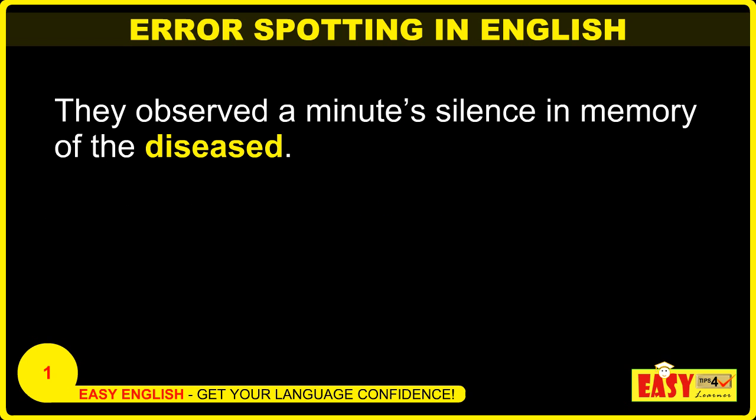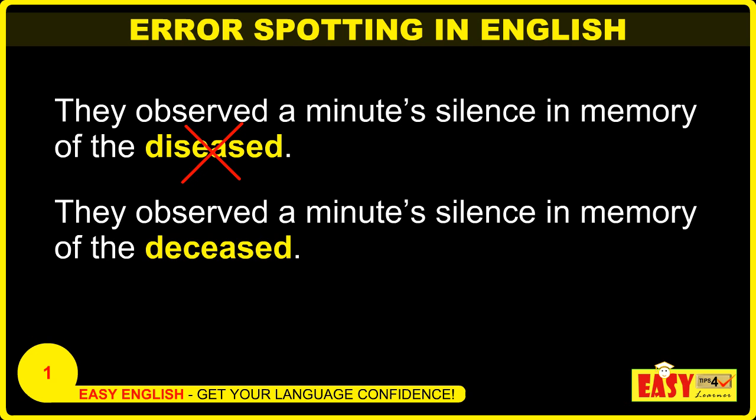D-I-S-E-A-S-E-D. This diseased. What does this diseased mean? It talks about somebody being affected with the disease. Diseased person means somebody has been affected with the disease. This is not the right usage here. So what should be the spelling? Deceased has another spelling.